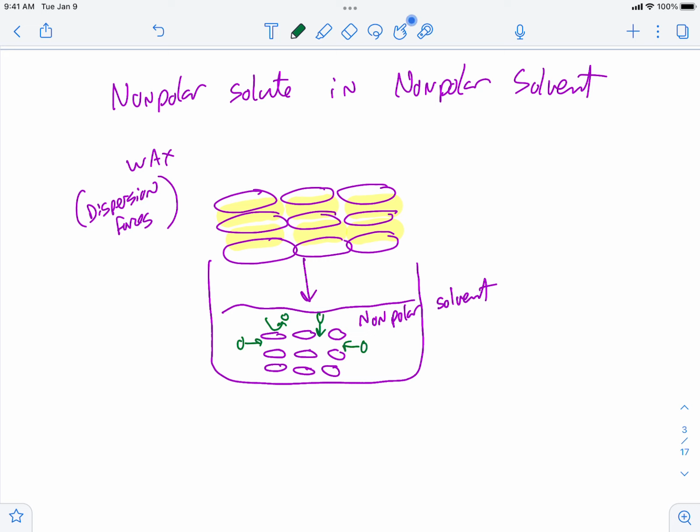What's going to happen is that the solute and the solvent, they're not attracted to each other. Not like water was with salt. The attractions here are very minimal. So first, let's understand that. So minimal attractions take place.